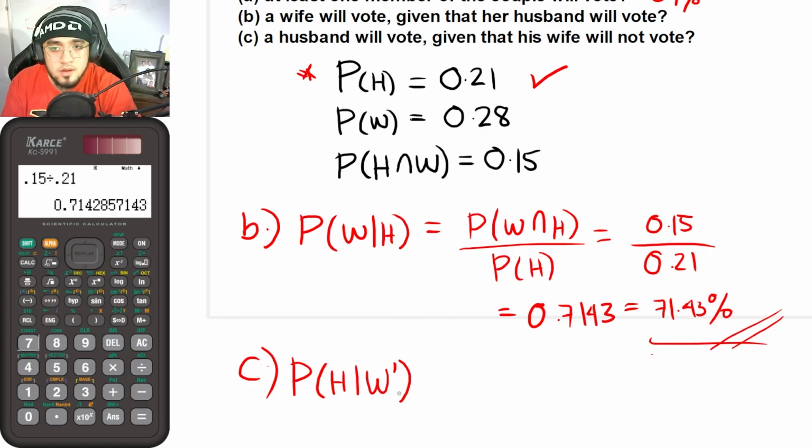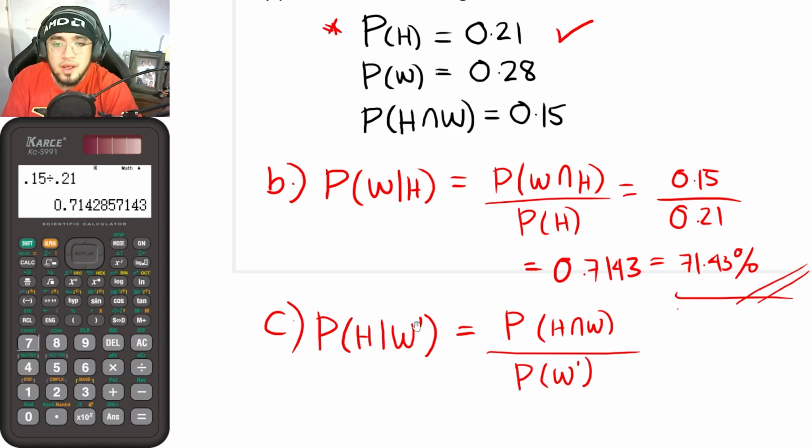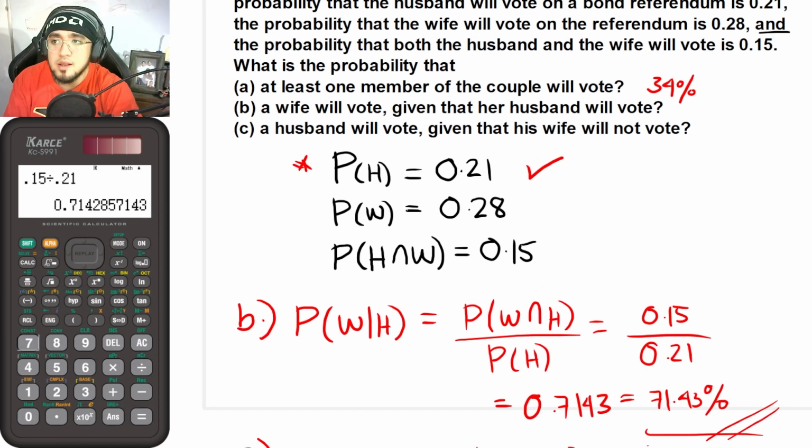So P of the intersection of husband and wife divided by the probability of the condition. The condition here is that the wife will not sign. Again, why is it complement here? Because it is indicated here that she will not.